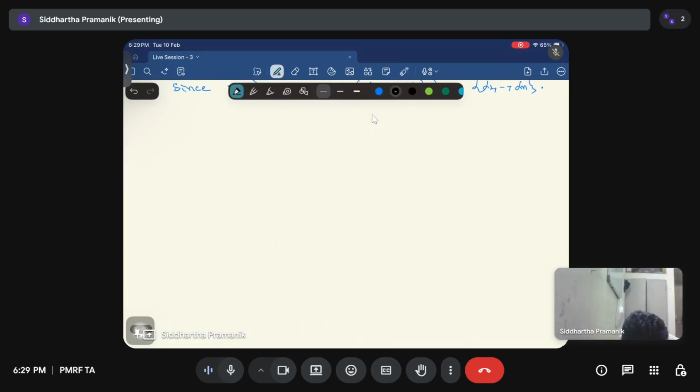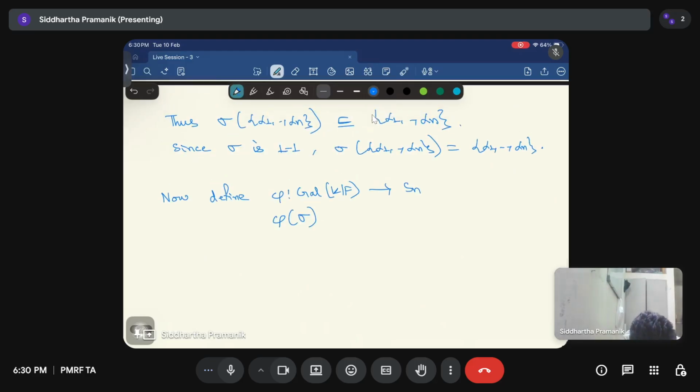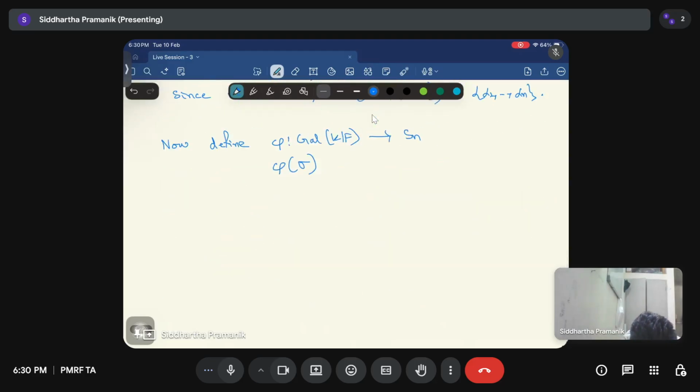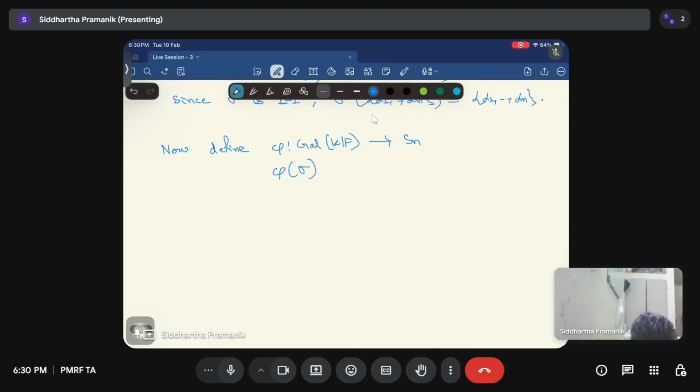Okay, so now define phi from the Galois group of K over F to Sn. How will we define this? You take an element sigma from the Galois group, and we can think of Sn as the symmetric group of alpha 1 up to alpha n, right?